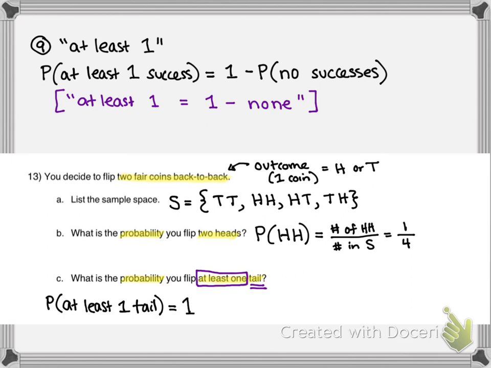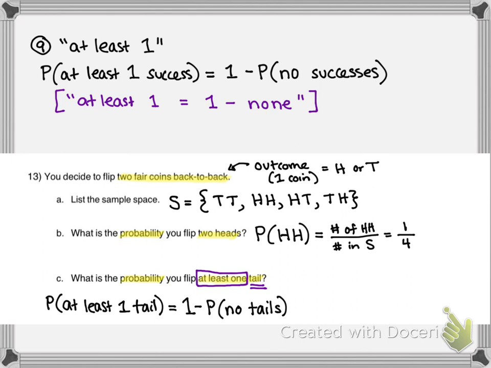So that would be 1 minus, if we look at our formula, the probability we have no successes. And in this case, that's tails. So at least 1 equals 1 minus none means that at least 1 tail would equal 1 minus no tails. So these are complements of one another. I either have 1 or more, or I have 0. And that's why we're allowed to subtract from 1.